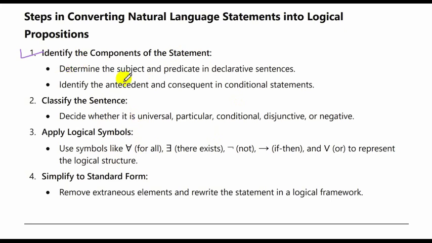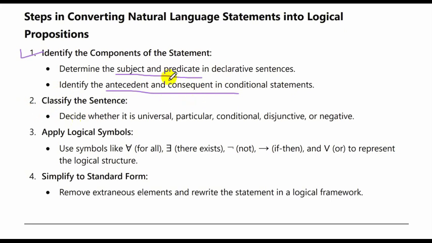First, we determine the subject and the predicate in declarative sentences. Then identify the antecedent and the consequent. Now, I explained that antecedent and consequent come in a conditional statement, and in declarative sentences, subject and predicate appear. Antecedent is the if, consequent is the then.